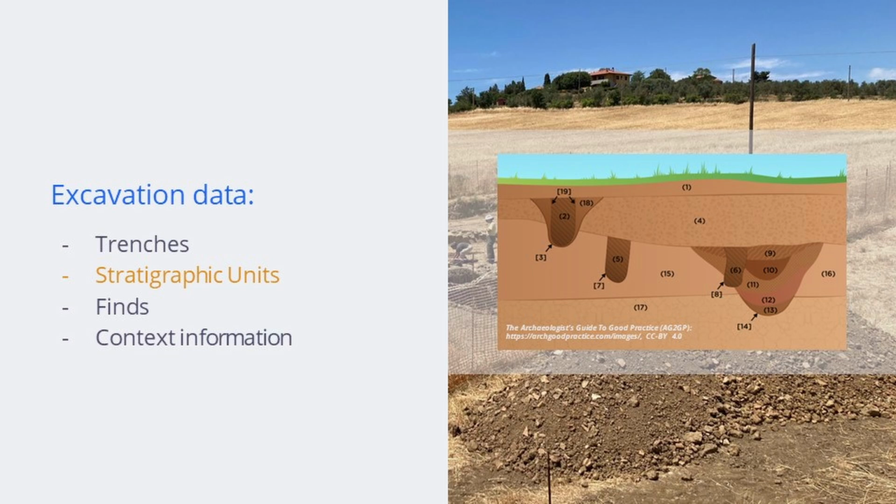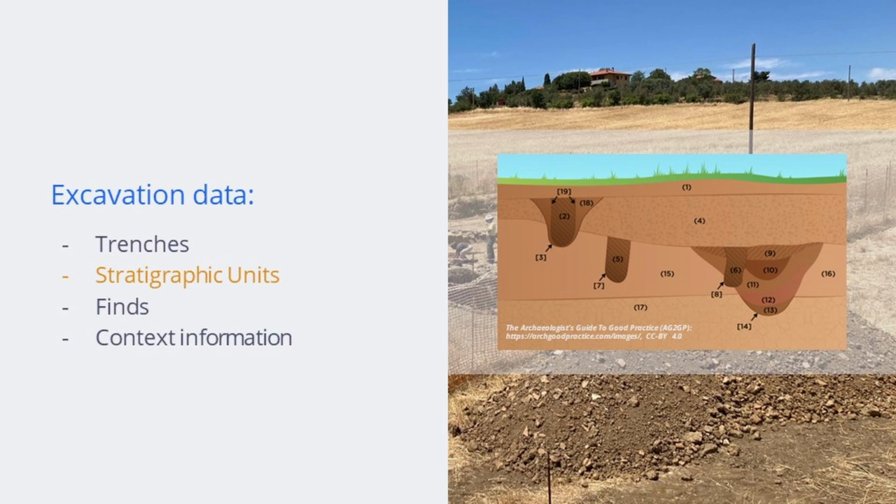Stratigraphic units then have a hierarchy: they are cutting each other, they are below each other, and that gives us the possibility to create a relative chronology. If something is above something else, it is newer or more recent than the thing below. So there has been an event that is more recent than the event that created the stratigraphic unit below.